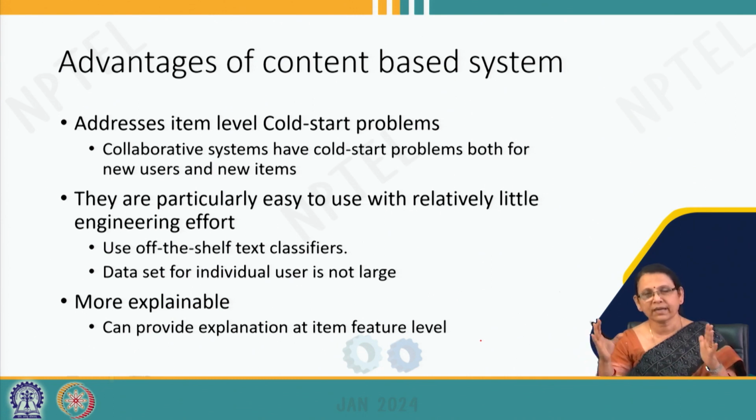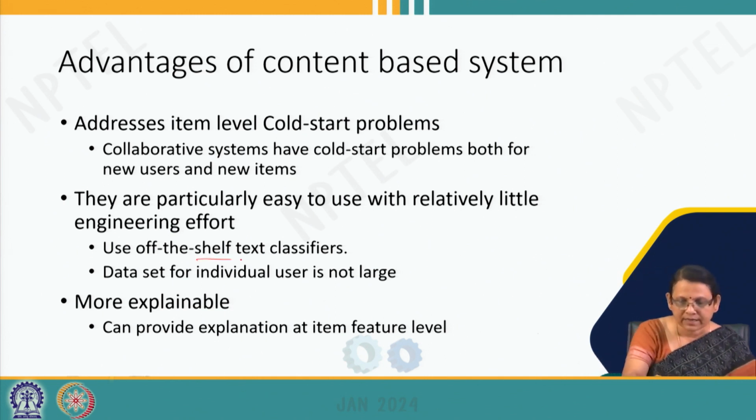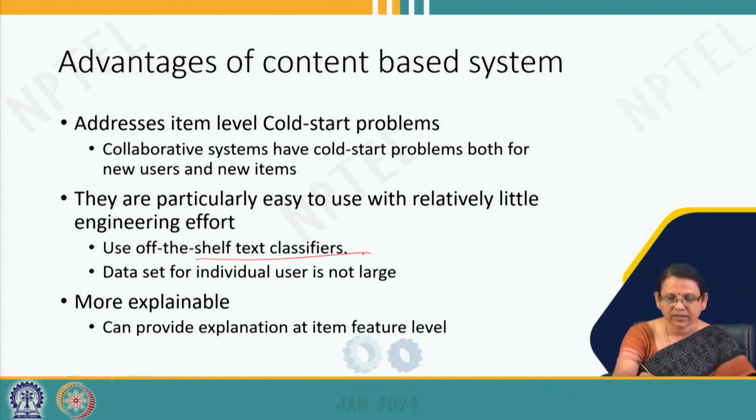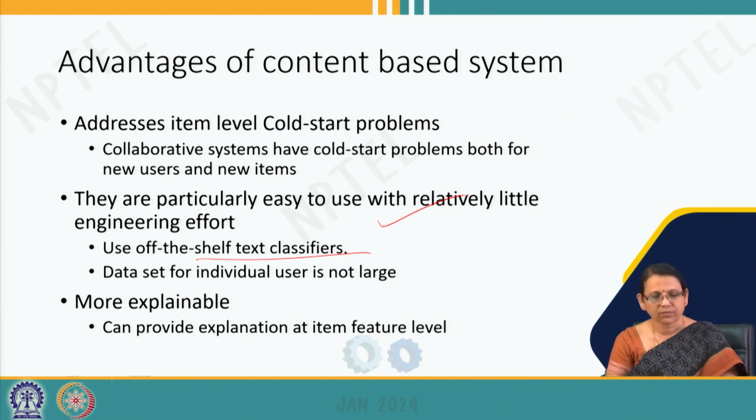Once your data set is ready, by combining the item features and user preferences, you can use any kind of off-the-shelf classifiers. Such methods particularly use very little engineering effort.